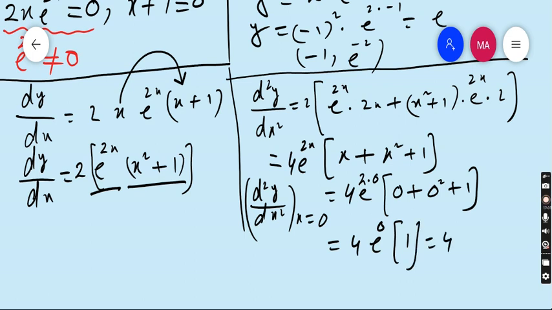Something to the power 0 is always 1. So 4 ones are 4, and 4 is greater than 0. Therefore 0, 0 is what? Minimum. Because if the second derivative answer is positive, then the nature of the stationary point is minimum.